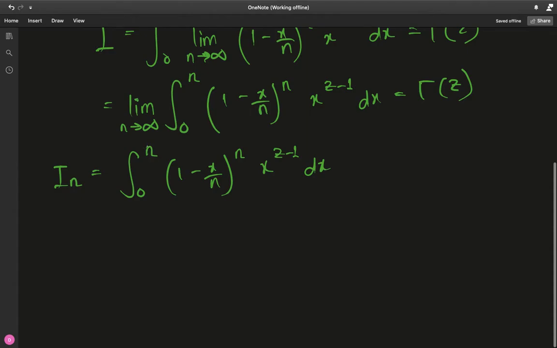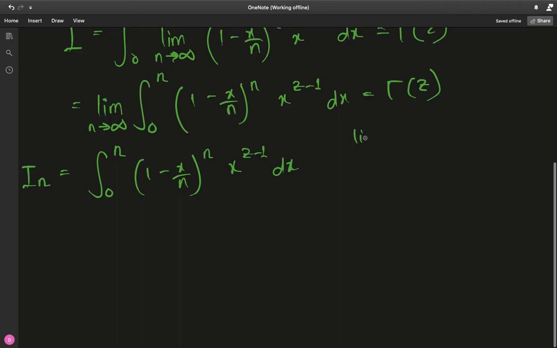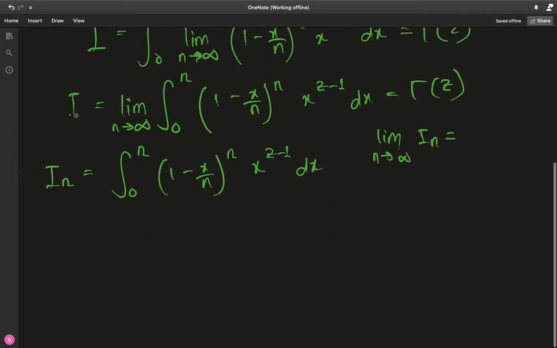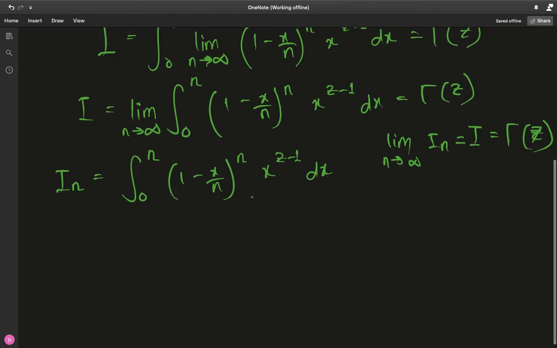Think of n as a free variable, another free variable like z of the gamma argument. Since we are not taking the limit, this can't be set equal to the gamma function. But notice one thing: if we take the limit as n goes to infinity of I sub n, that is equal to the I that we originally had, and that itself is equal to the gamma of z. So only when we apply the limit on this I sub n, that's when we obtain a gamma.